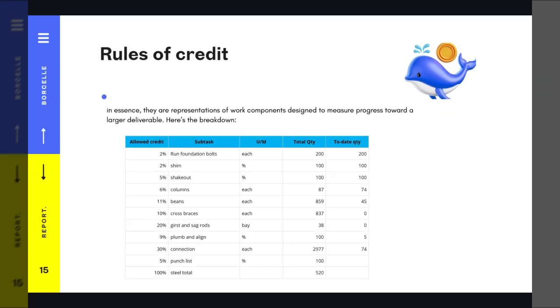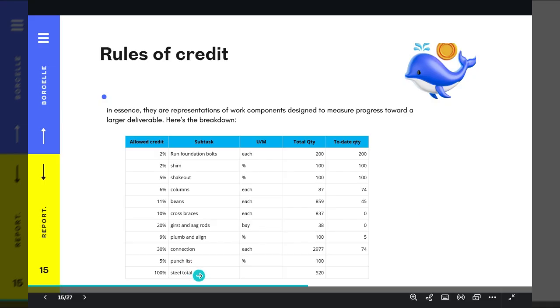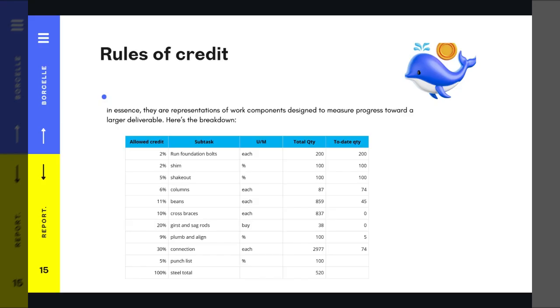That's it. Another important word that you might need to know, and we don't use this in all the projects, is rules of credit. Rules of credit are, in essence, representations of work components designed to measure progress towards a large deliverable goal. For example, if we want to deliver 520 tons of steel, but we're not going to track the cost of all of the components, let's say girders or beams.